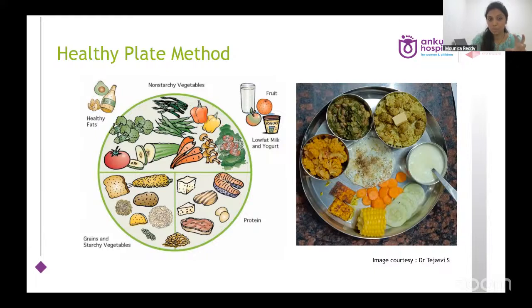Usually the proteins are the part which is lacking in the Indian diet. So I think it will be good to always advise families that conscious efforts have to be made to include a good amount of protein in the diet, as appropriate to the culture and eating habits of the family.